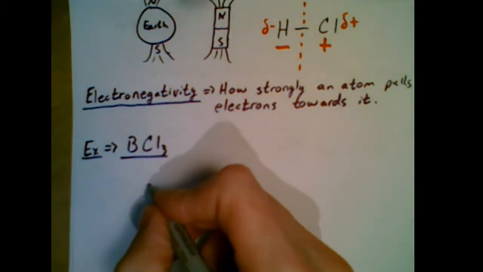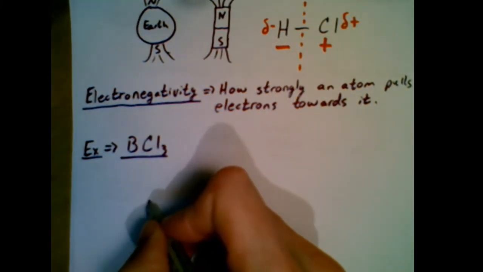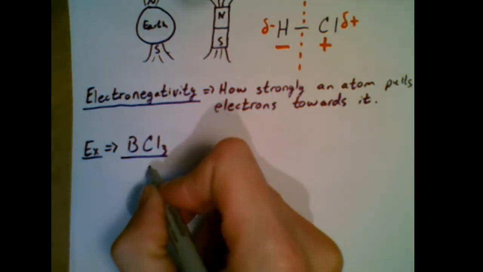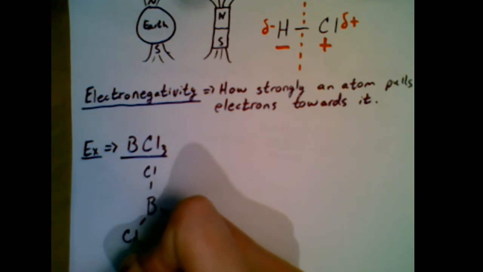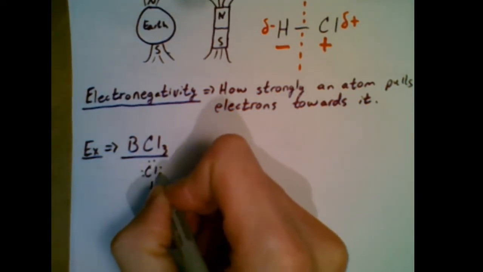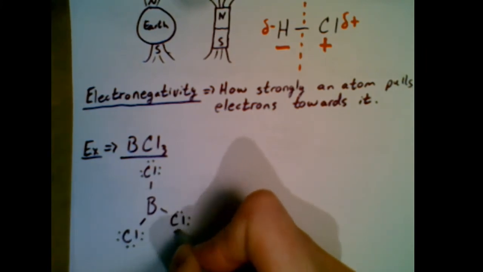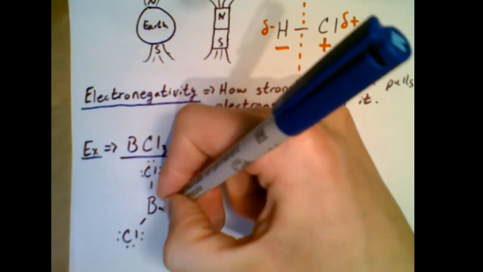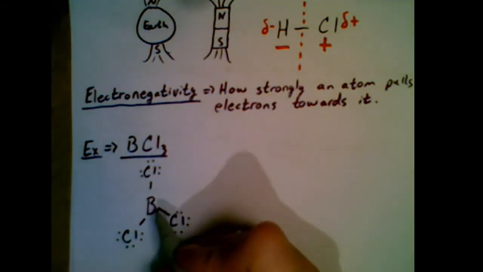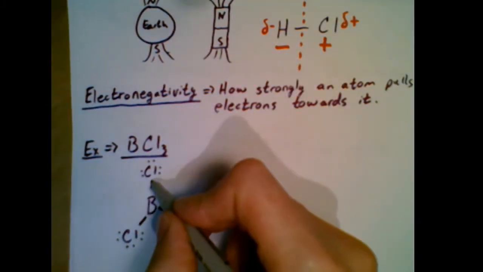So our Lewis structure for BCl3 has boron in the center and 3 chlorines distributed all around it. Now keep in mind, boron, B, is one of the exceptions to the octet rule in that it always gets 6 electrons instead of 8.